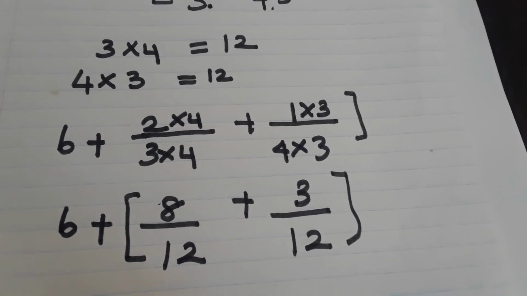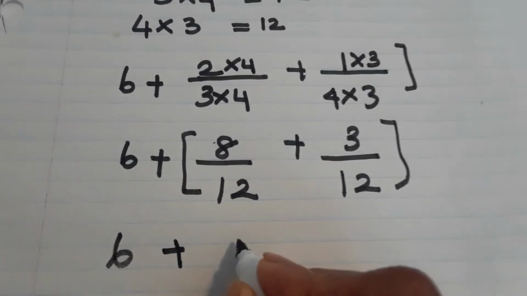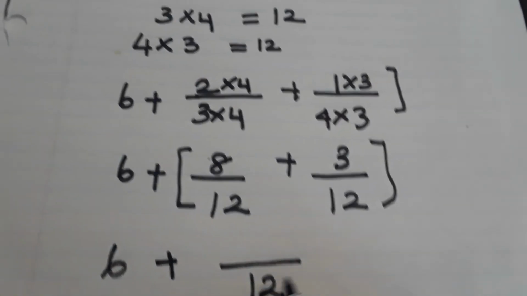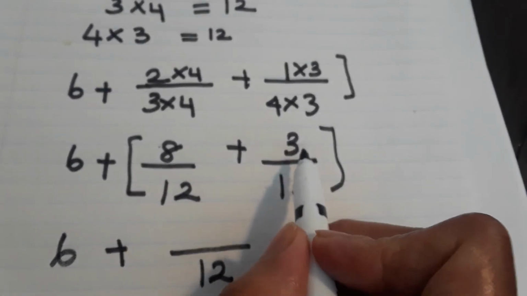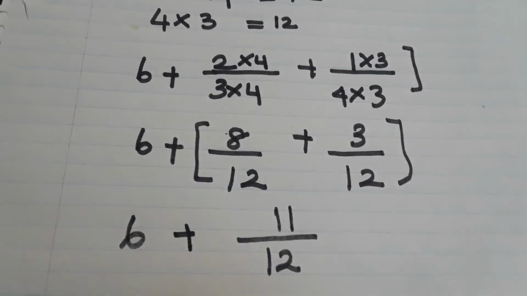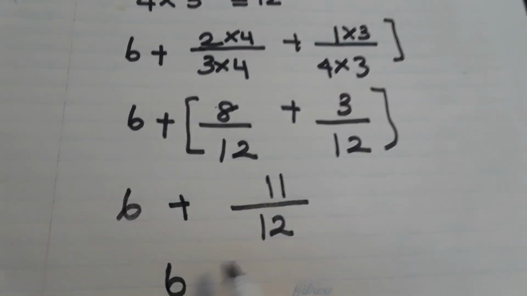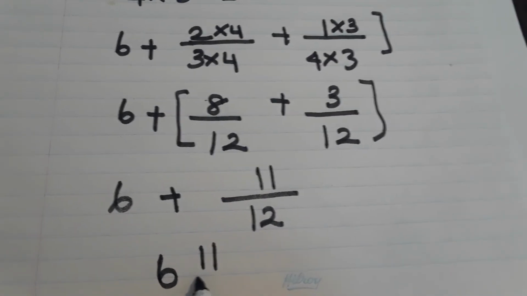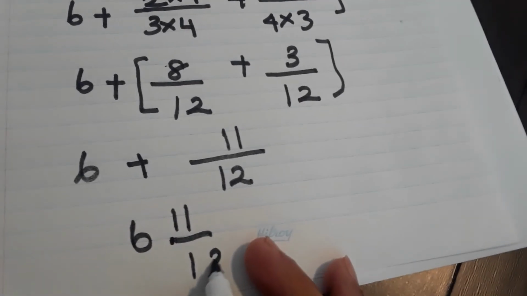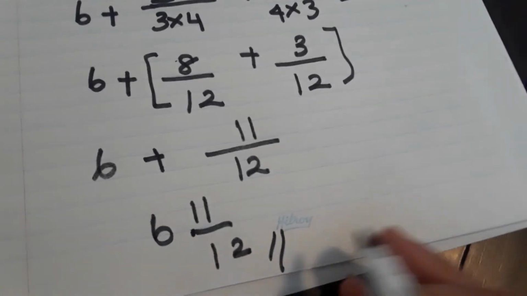Now we can add together 6 plus, with common denominator 12, 8 plus 3 equals 11. So now the answer, this is the answer.